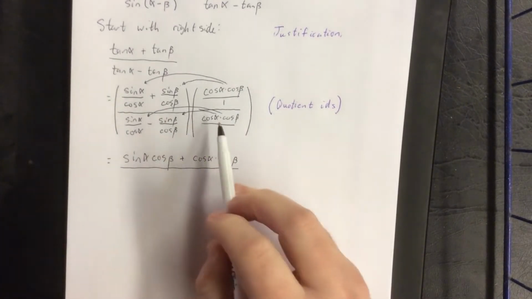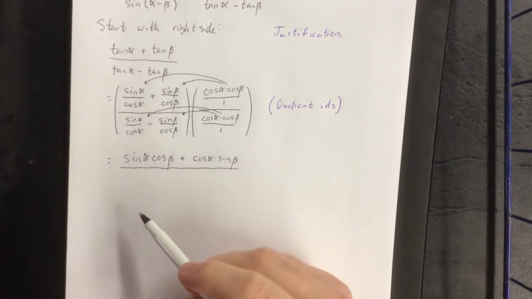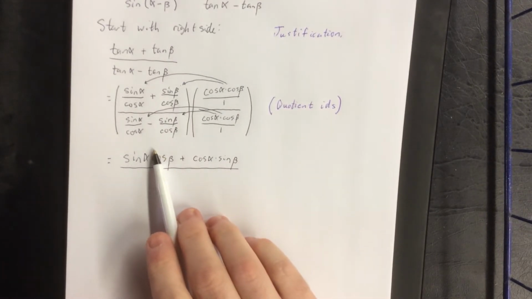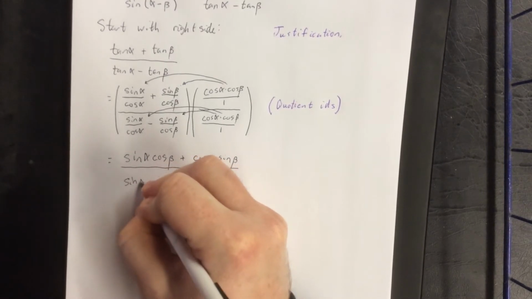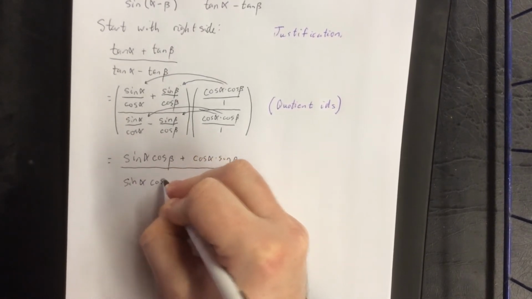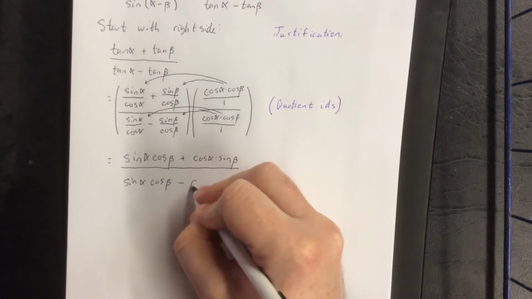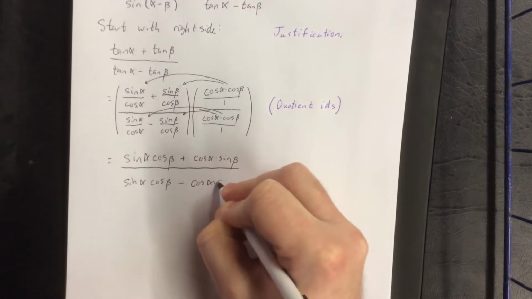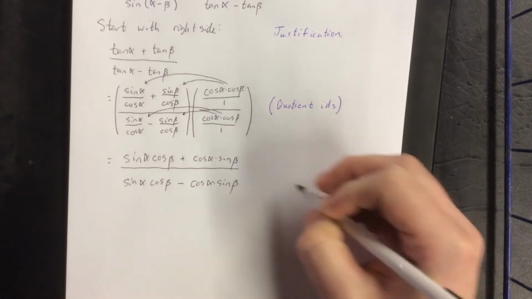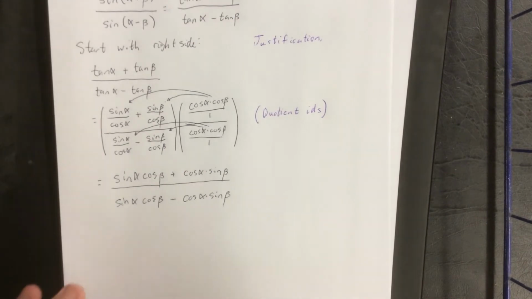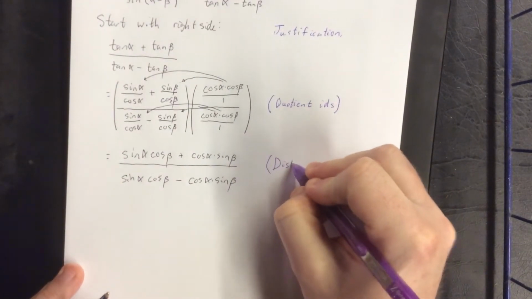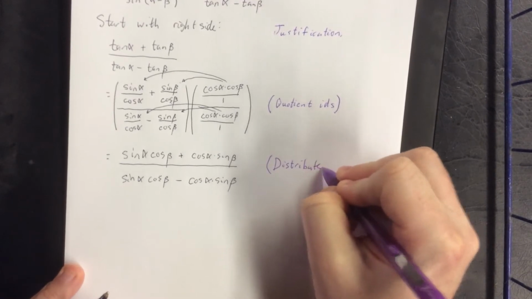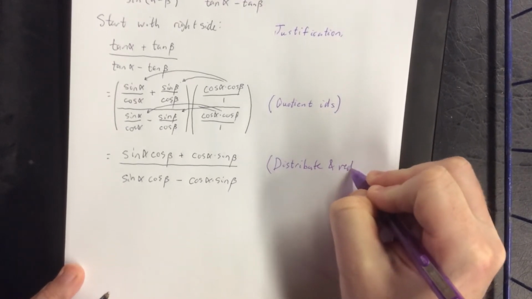When we do that to the denominator, essentially the same algebra will take place. We'll just have a minus sign between them rather than a plus sign in between them. So we'll see sine of alpha, cosine of beta, minus cosine alpha, sine of beta. And in purple, to justify, that was distributive property, and reduce those fractions.